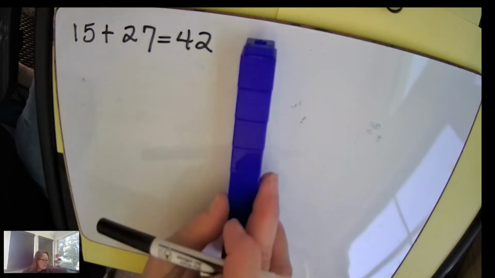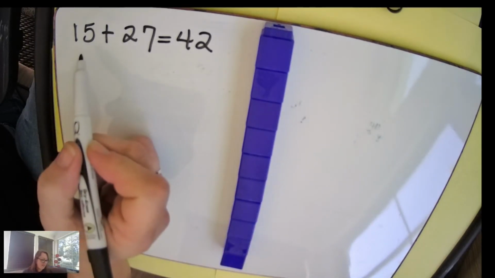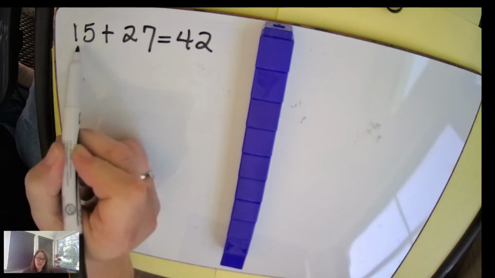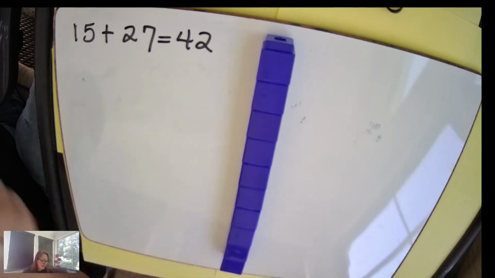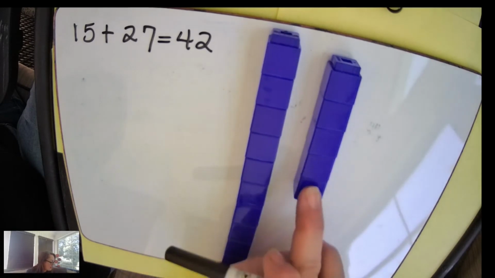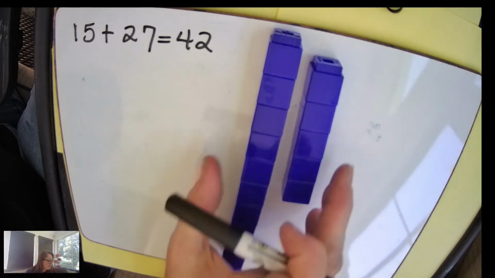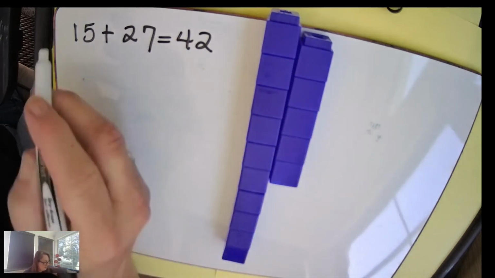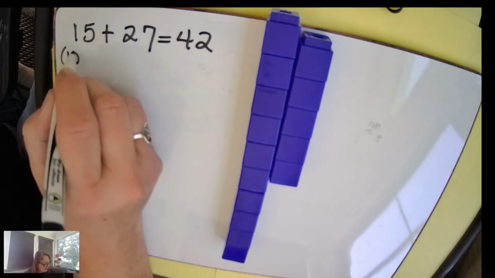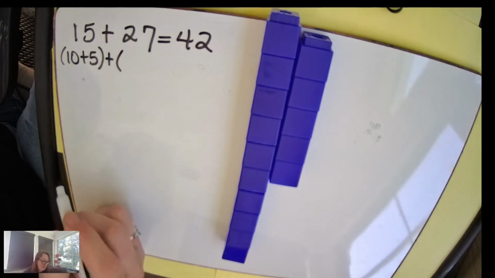All right, so Lydia says that she broke apart each of the add-ins. So 15 is 10 plus 5. 10, 11, 12, 13, 14, 15. So this is the 15. Tell us more.